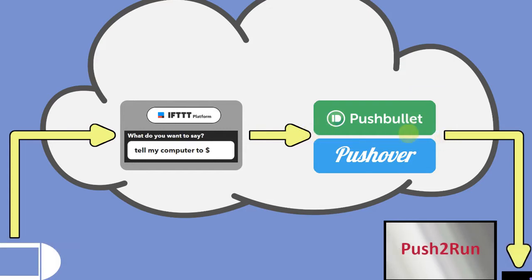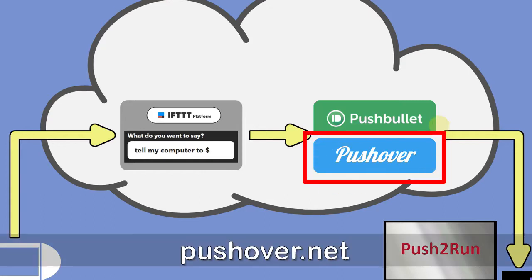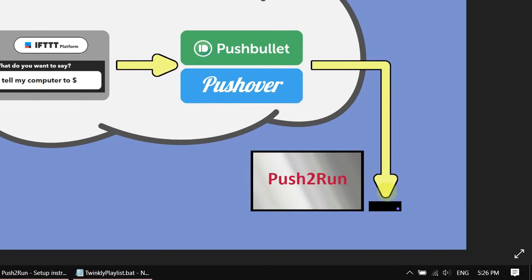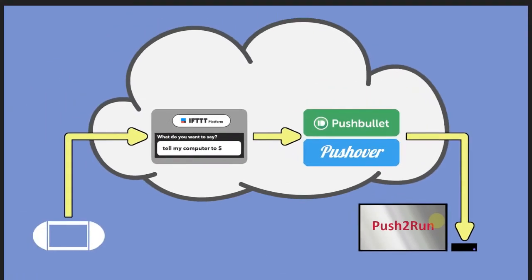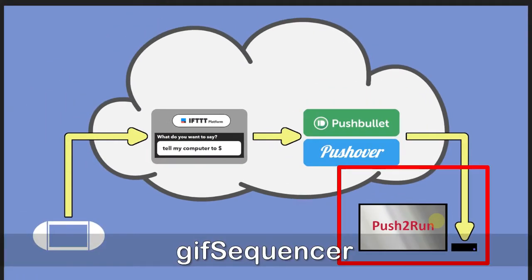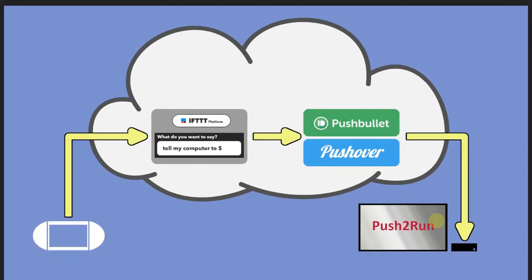This time I'm trying Pushover. The service will push a text to the PC, and Push to Run will react accordingly and run the command on the PC. In our case, it will run the gifSequencer, which I showed in the previous video, and that one will change the playlist for the Twinkly Light.